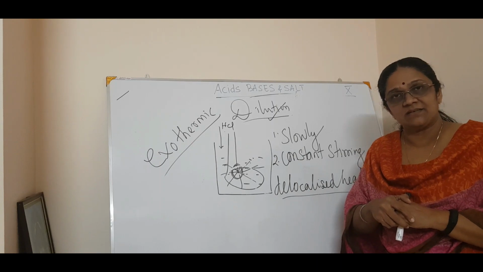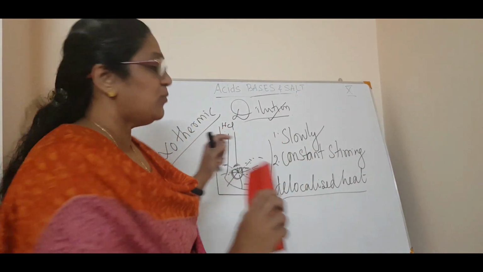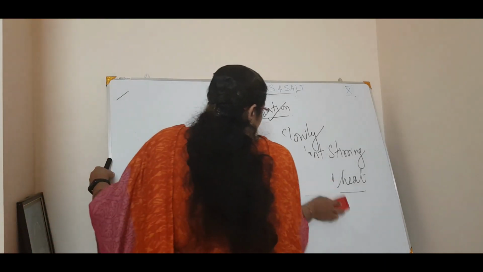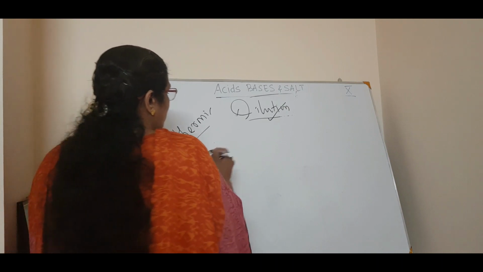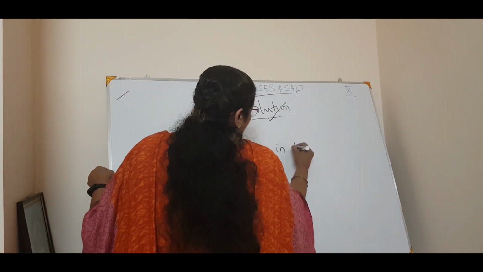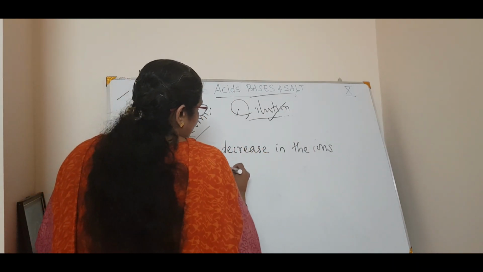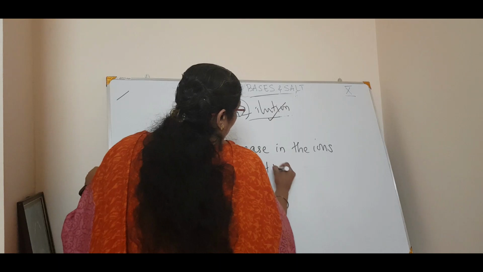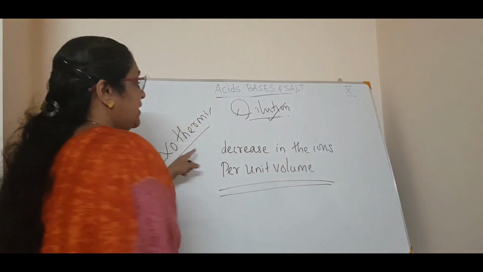Then one more value point in dilution is the decrease in the ions, the decrease in the ions per unit volume. This is the correct definition for dilution.